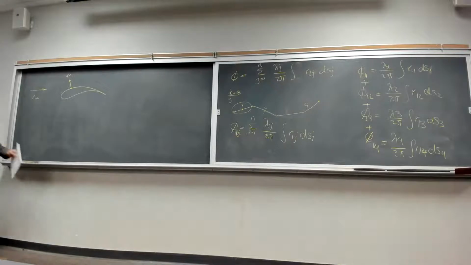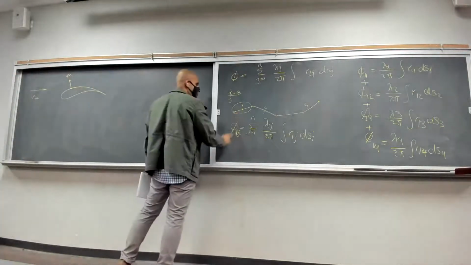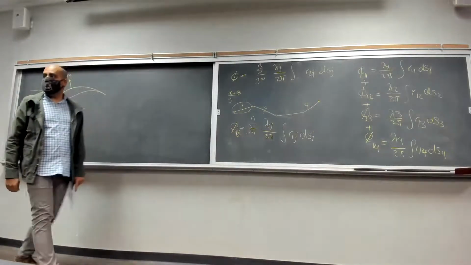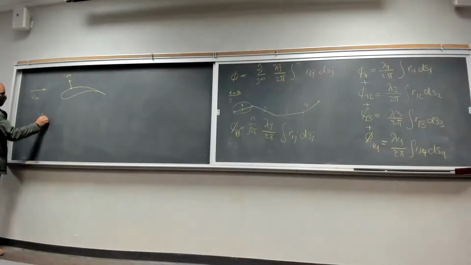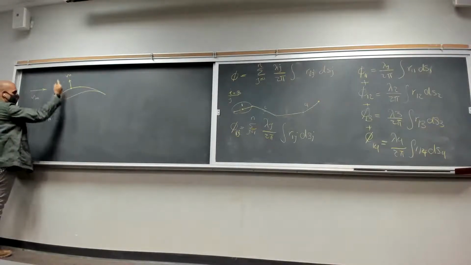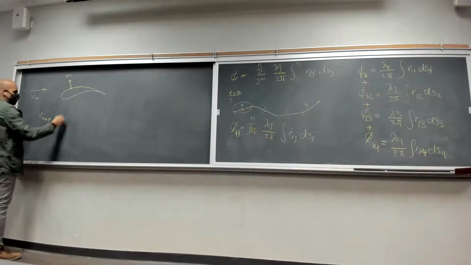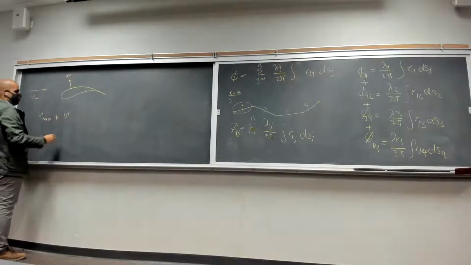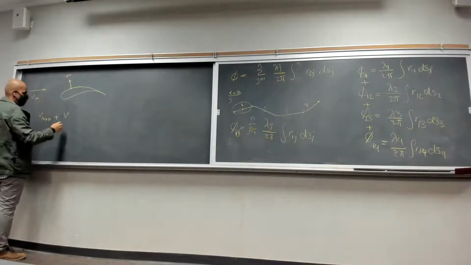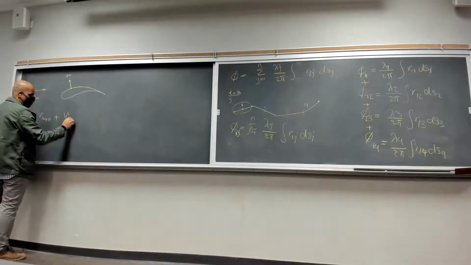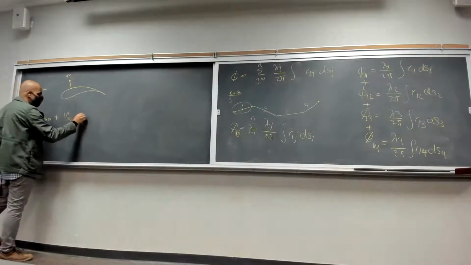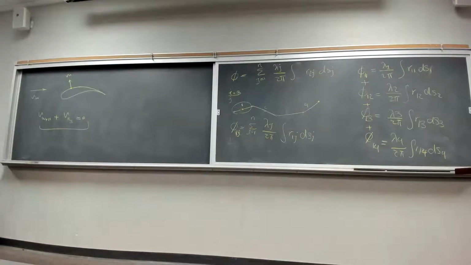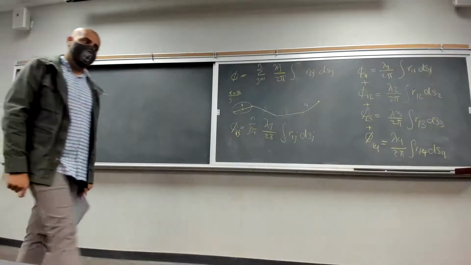And the other one is the velocity induced at each point by these sources that we are going to replace the airfoil with. Since the total velocity has to be 0, the component of V infinity that is normal to the wall, plus whatever normal velocity is coming out of the sources, which I'm going to call VNS, the normal velocity due to the source panels, has to be equal to 0, because the total normal velocity on a wall has to be 0.